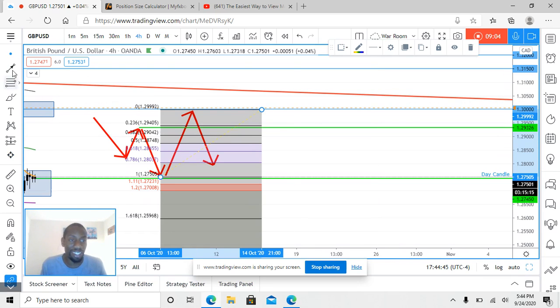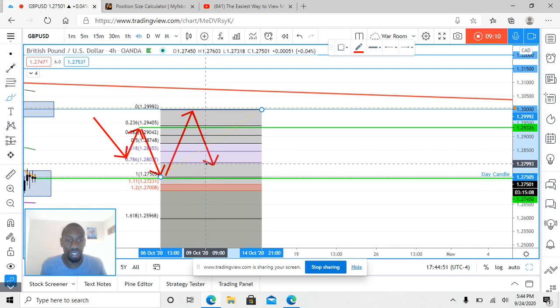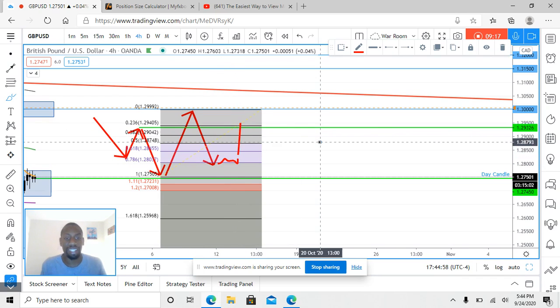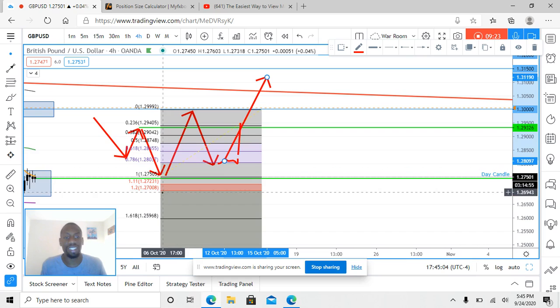It's fizzling around, right? It's basically just moving around in this area, and then all of a sudden it wants to pop up, right? And it pops up, going past here. Now we have a continuation.